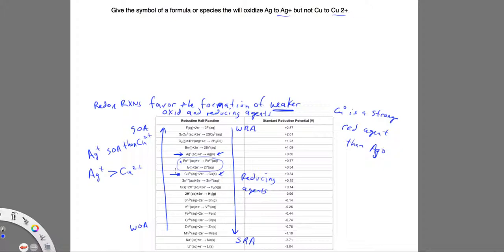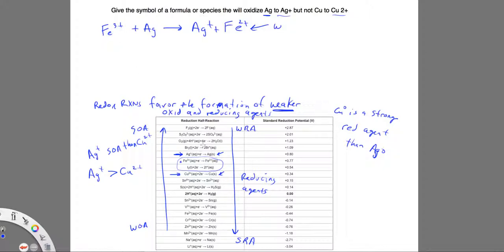Let's see if that's the case. Let's just take iron 3. So would iron 3 be a candidate to oxidize silver to silver plus and iron 2? Is that possible? So let's take a look. Is this a weaker, so what would that be?